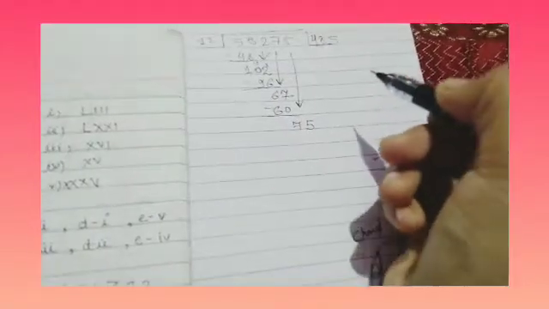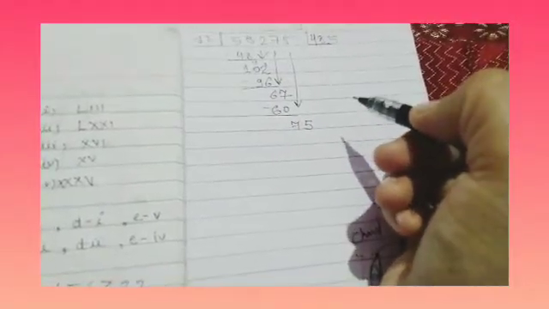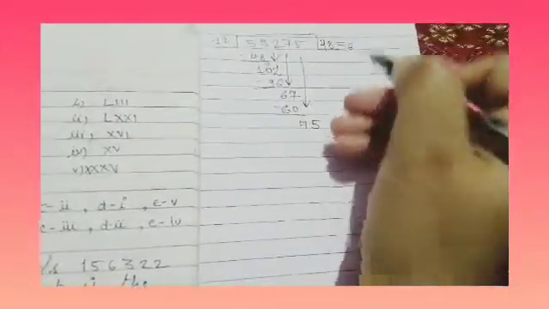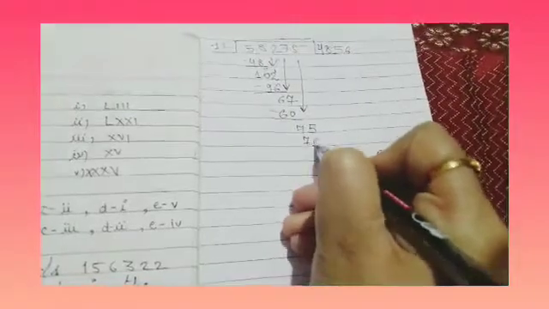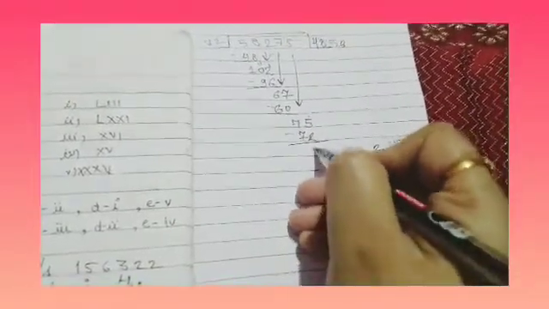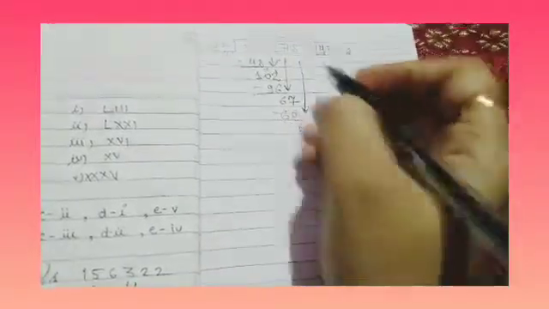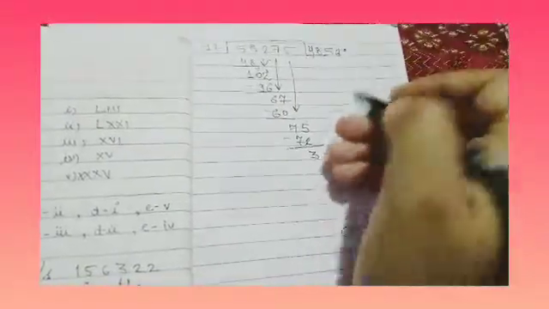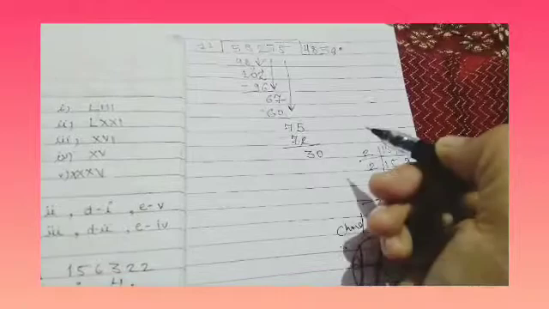So 12, how many are? 12 6s are 72. So how many remaining? 5 and 2 is 3 remaining. Now we will put a point and copy down 0 over here.